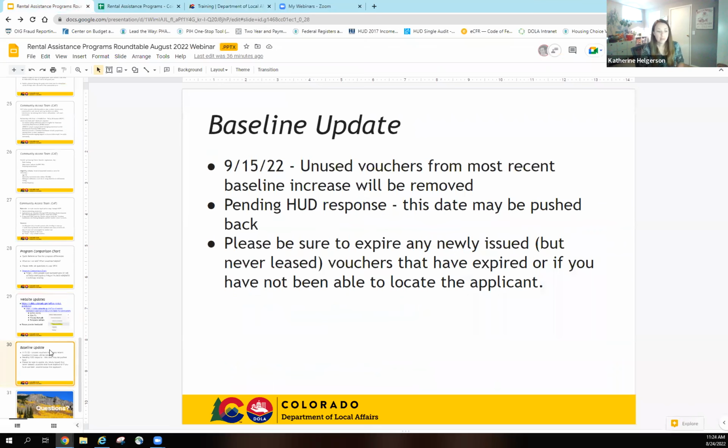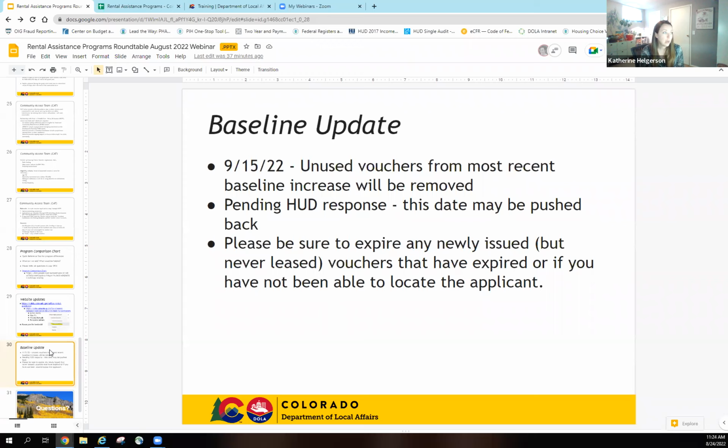Okay, and then one more update in regard to the Housing Choice Voucher Program. A couple months back, we were able to increase Housing Choice Voucher baselines by quite a bit because of some reserve dollars we need to spend by the end of the year.